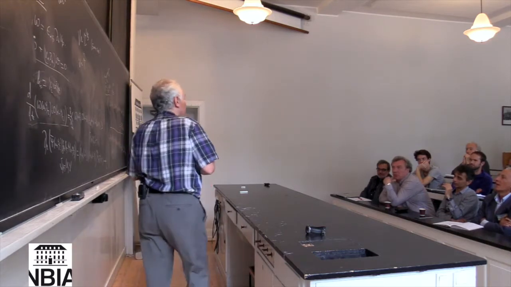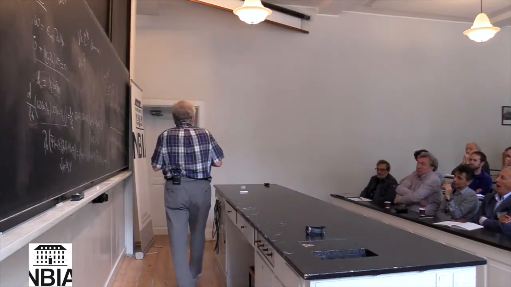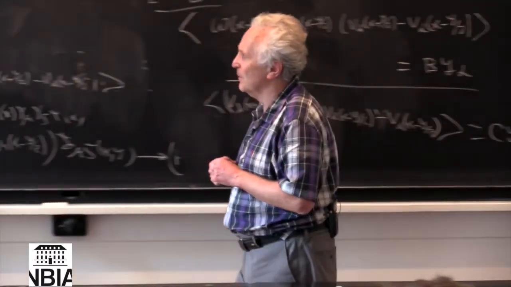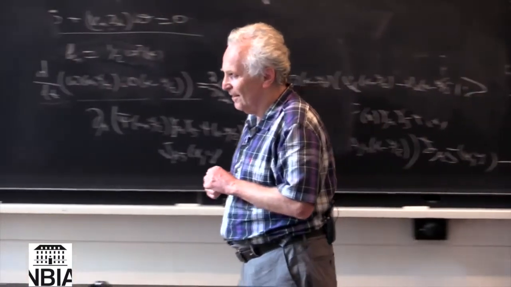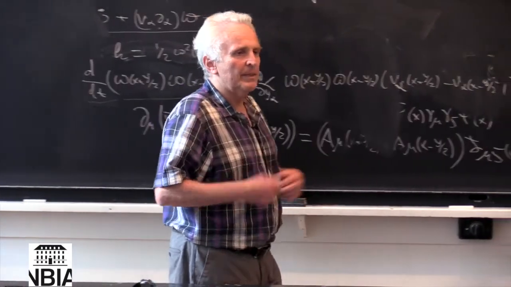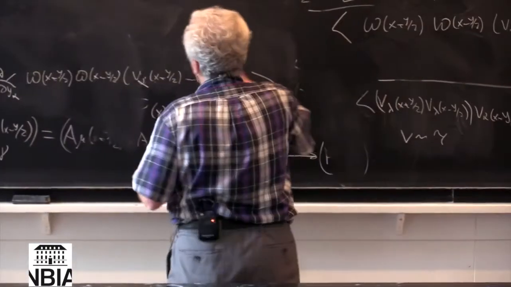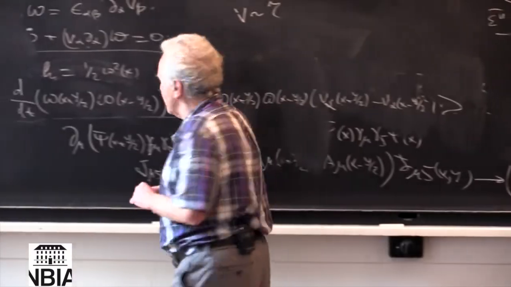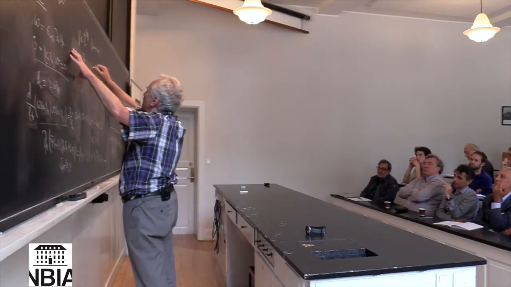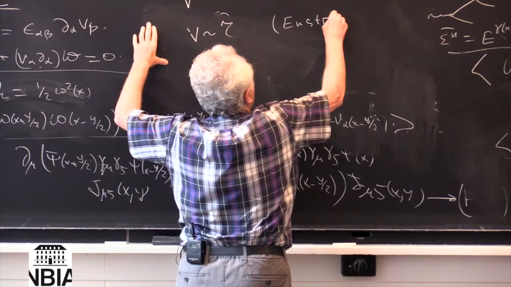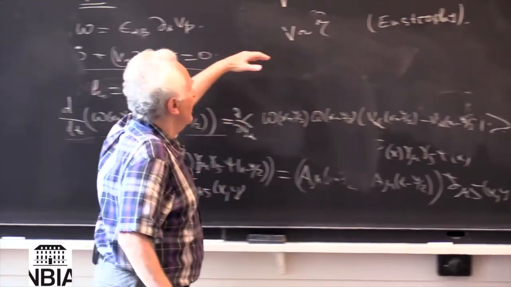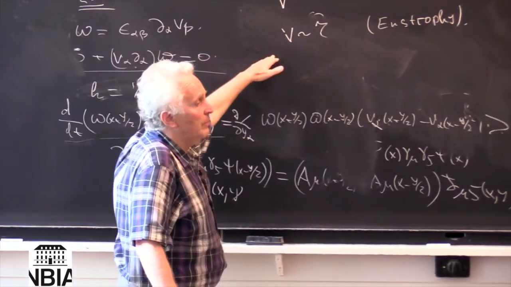That's the possibility which we discussed with Victor Yakhot. And this possibility is based on the following. First of all, the fact that you have an entropy cascade in 2 dimensions.